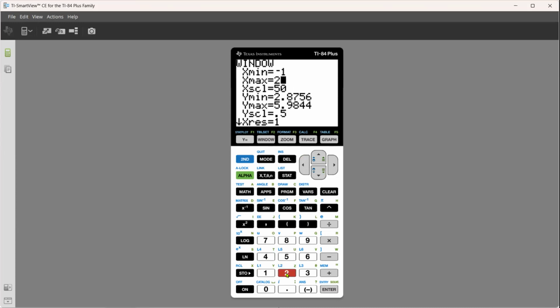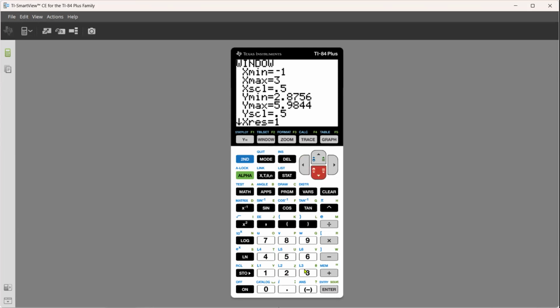I'm going to go from -1 to 3, for example, with the x scale at 0.5.